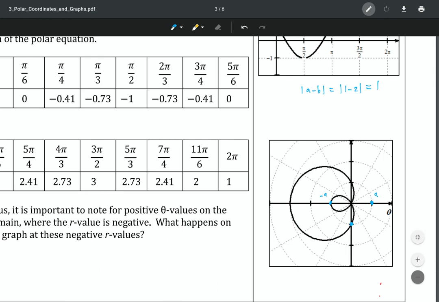I'll write it later so I don't confuse you completely. And then you have A plus B, and when I say A and B, they should be positive. Don't put a negative with the B. So A plus B would be 2 plus 1, which is 3.